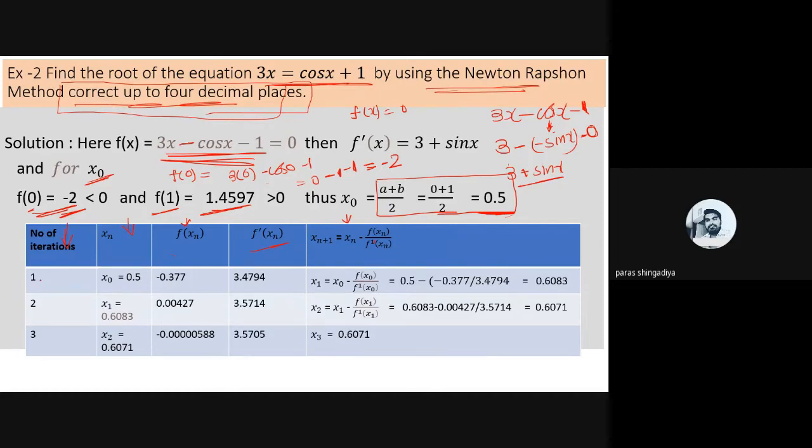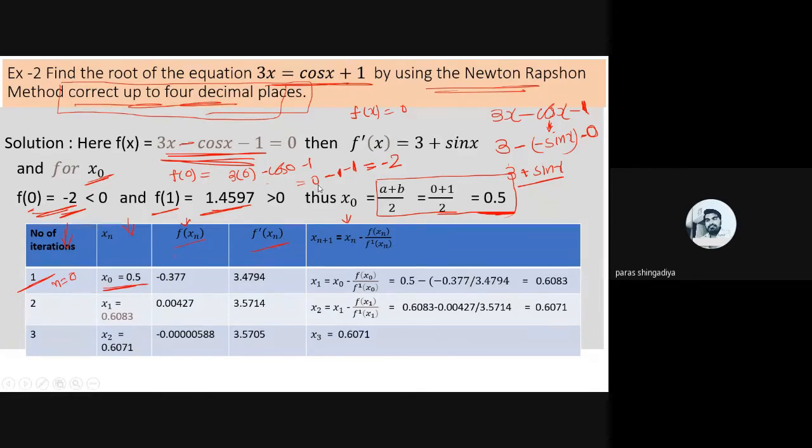So let's start the first iteration. For the first iteration, we'll use x0 is equal to 0.5. We'll start our procedure by using n is equal to 0, so it will become x0, and x0 will be 0.5. Now the function output f of x0 means f of 0.5.